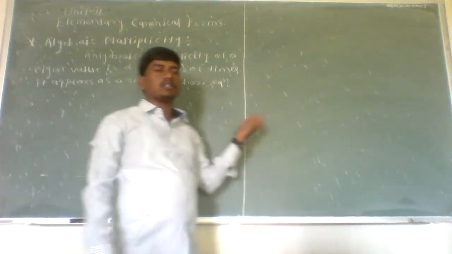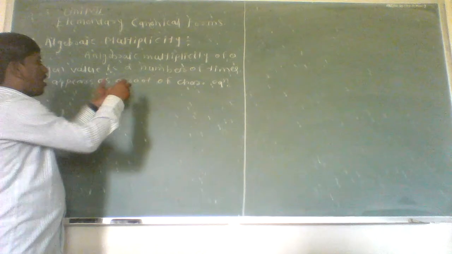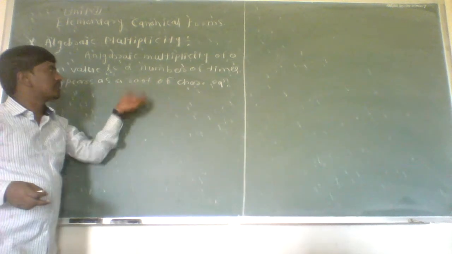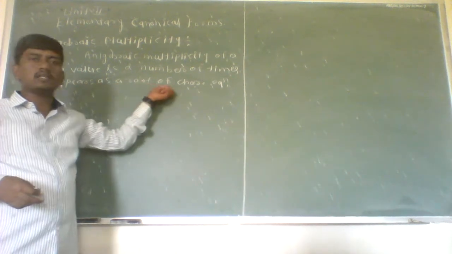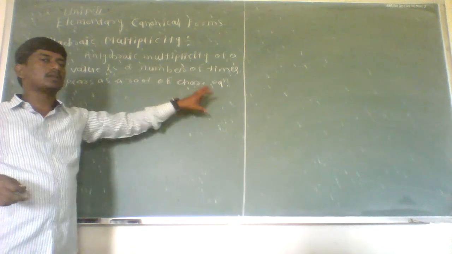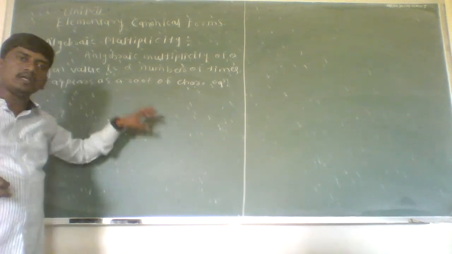Suppose we have to find out the algebraic multiplicity of any eigenvalue lambda, then how will you find out its algebraic multiplicity? We have to see how many times this lambda comes as a root of the given characteristic equation. That number is nothing but the algebraic multiplicity of that corresponding lambda.